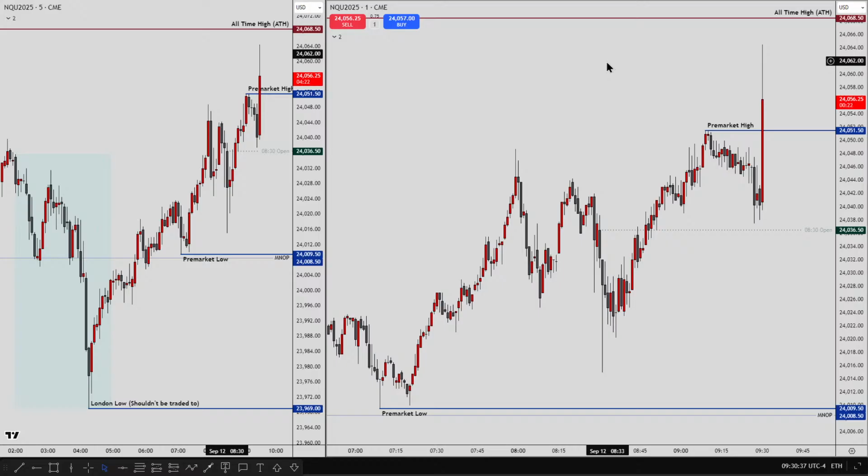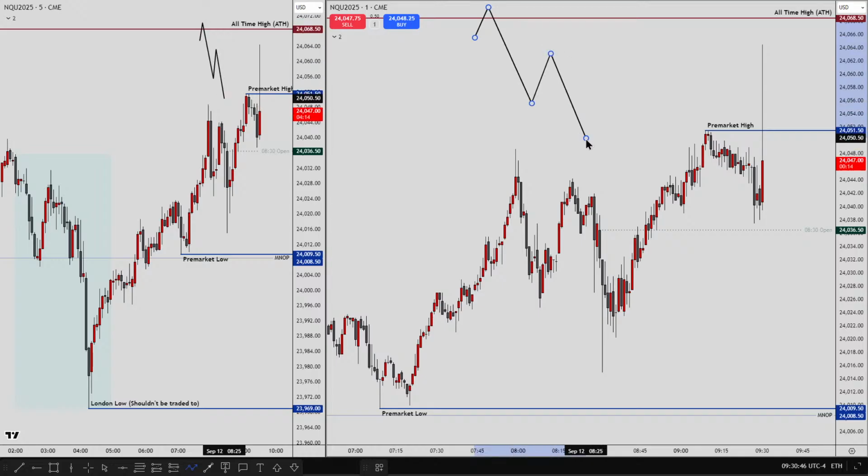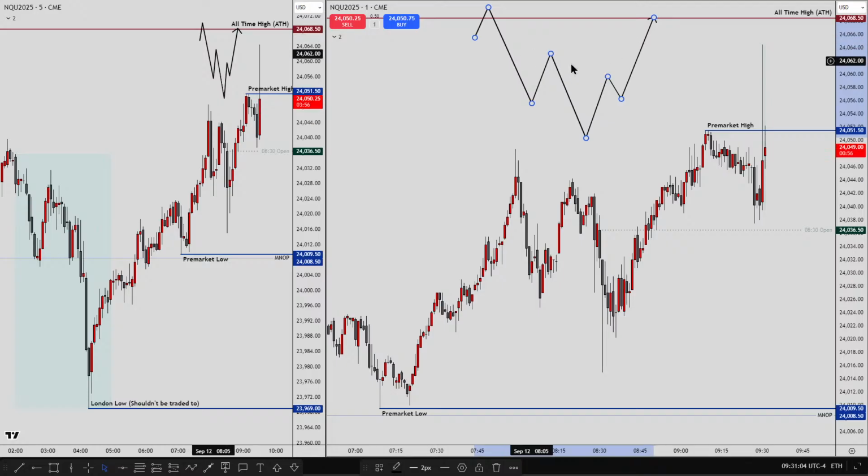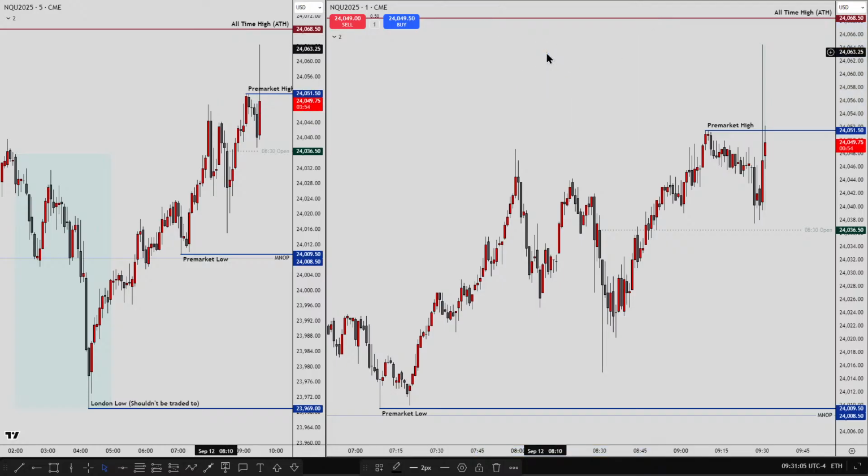So you kind of have to wait, or say we trade into all-time highs and then we trade lower, like this. And we have a drawn liquidity down there. Am I going to sell that? I'm not. I'm going to wait for either a change of state or some kind of idea that enforces a bullish narrative, and then I want it back towards either the new all-time high or some kind of low-hanging fruit.